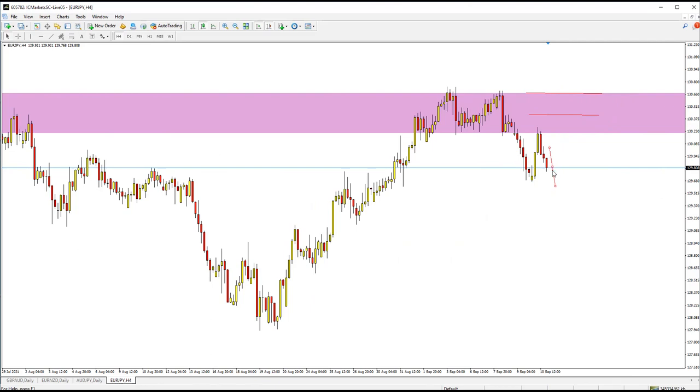But if price never goes up there, let's say price goes down here and retests, wait for the retest again. If price goes up until here, same rule applies. Do you want to sell here, or here?